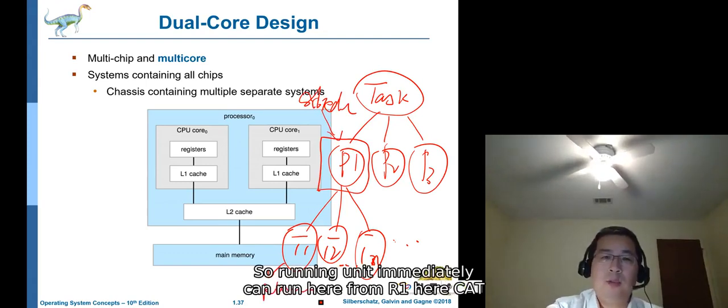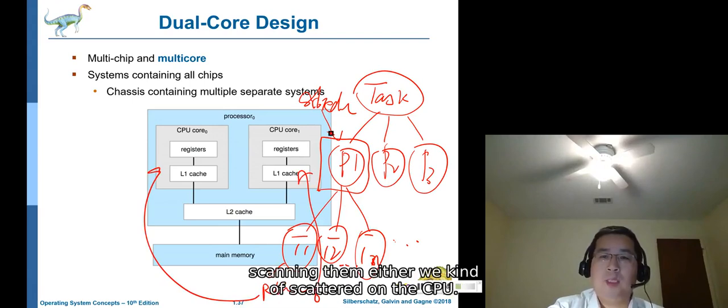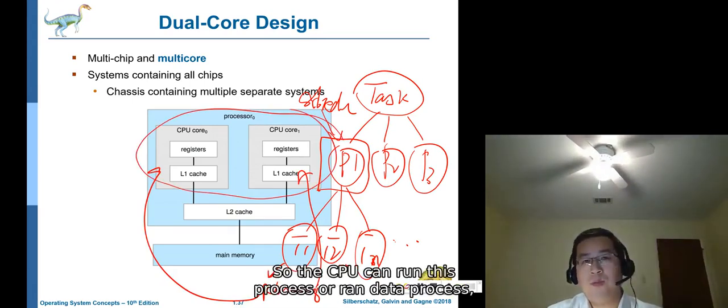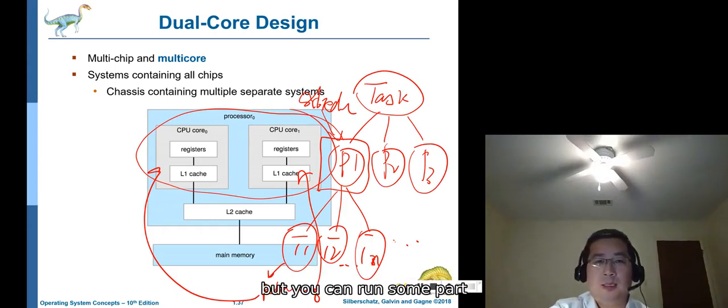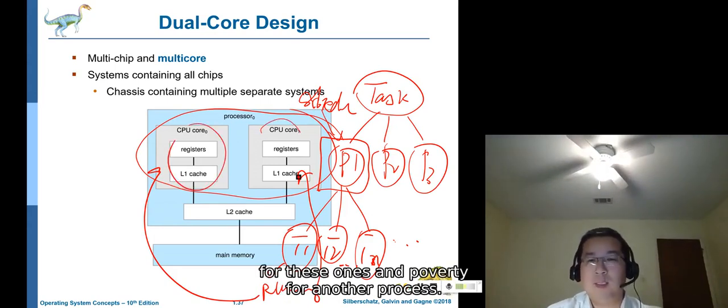Running unit means we can run here. Scheduling means we can schedule this on this CPU. So this CPU can run this process or that process, but you cannot run some part of this one and some part of another process.